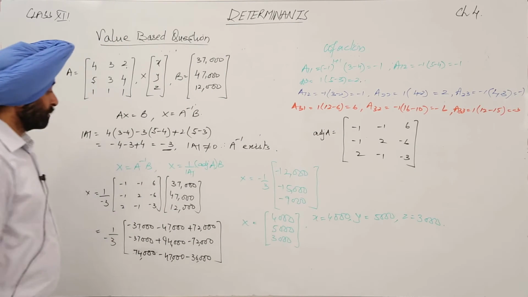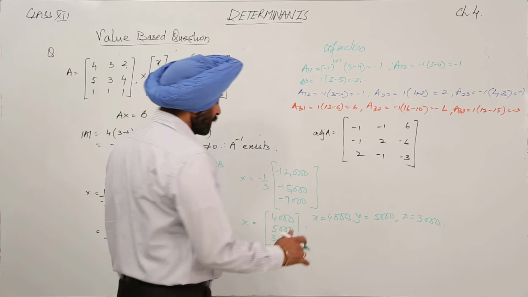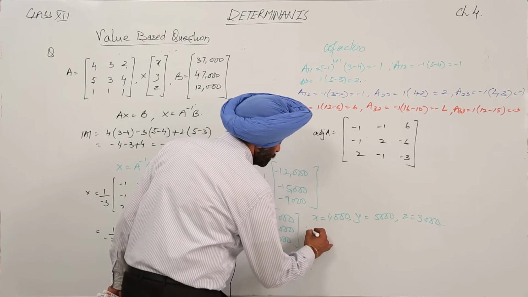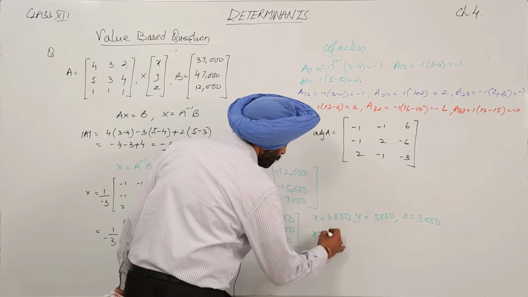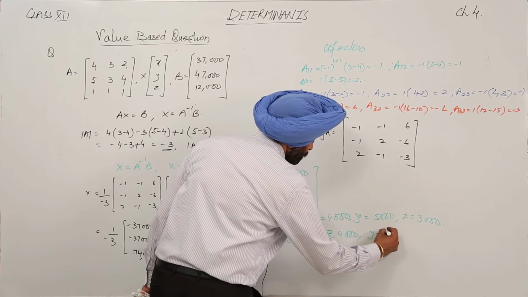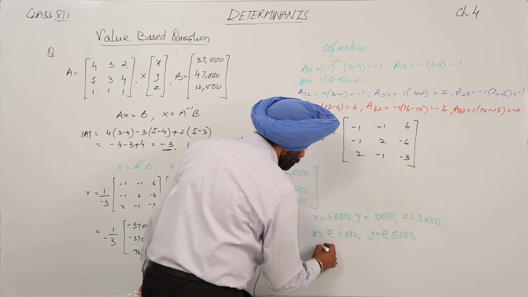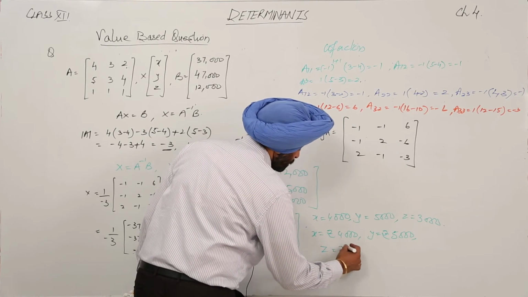Okay, so these are the award amounts. Okay, so now we are going to write it in the form of rupees. Now x is equal to rupees 4,000, y is equal to rupees 5,000 and z is equal to rupees 3,000.